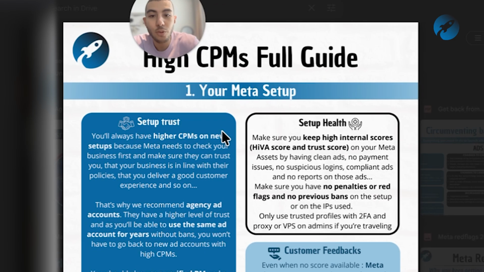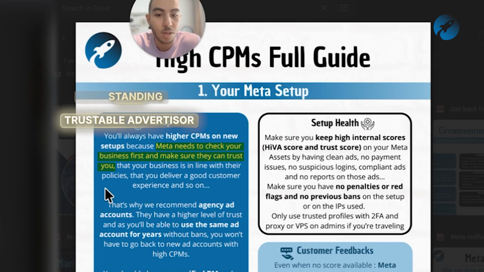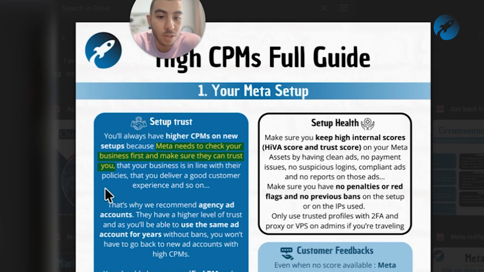So first thing is the setup trust. Your setup has a trust, and the longer you've been advertising with it, the higher the trust is. Meta will need to make sure that your account is in good standing and you're a trustable advertiser, and make sure to reduce your CPMs.